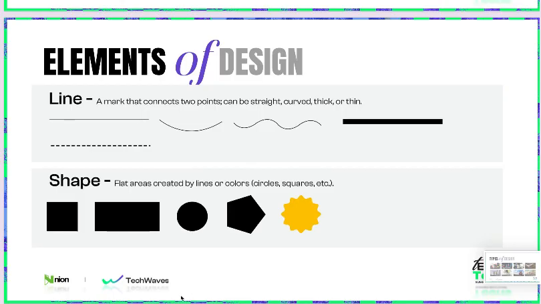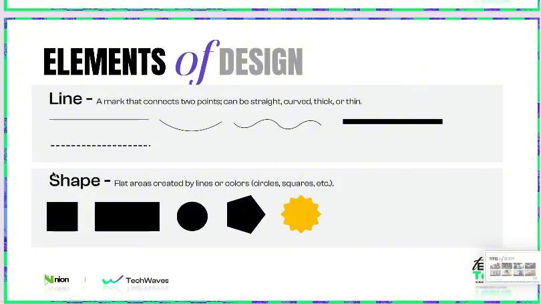We have a straight thin line over here. We have the curved line. We have the wavy line. This is a thick one, and this is a dotted line. I don't believe this needs much explanation.